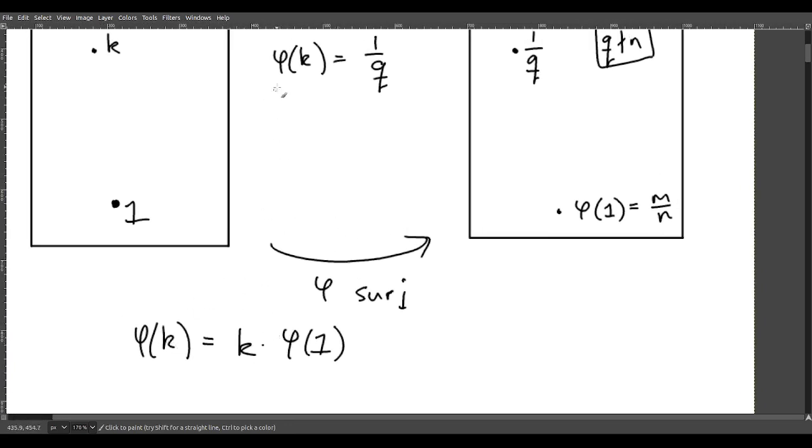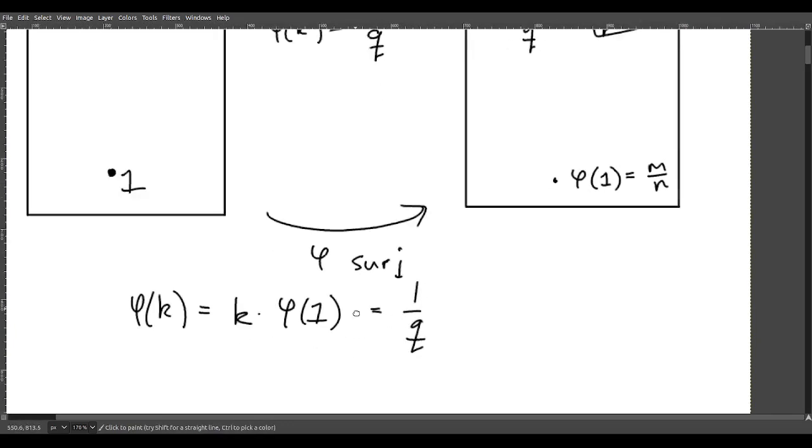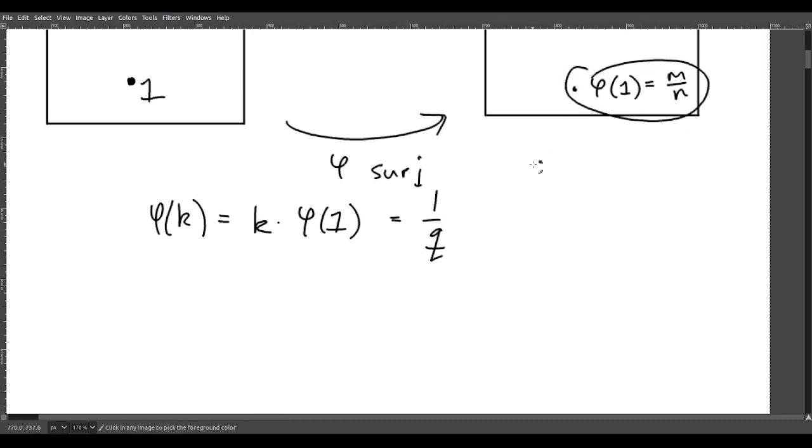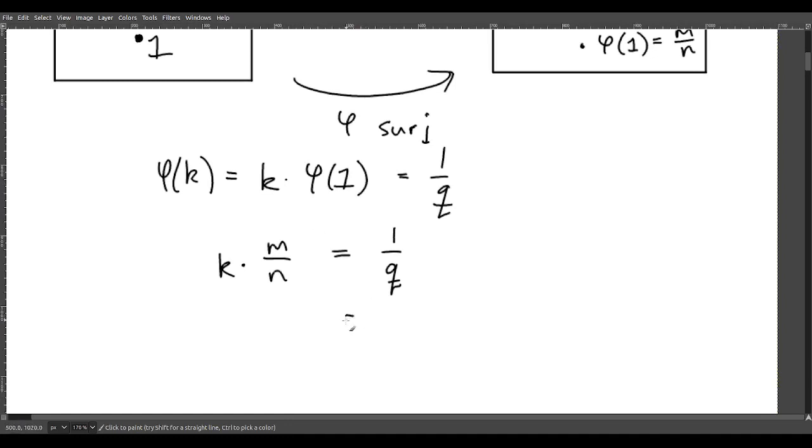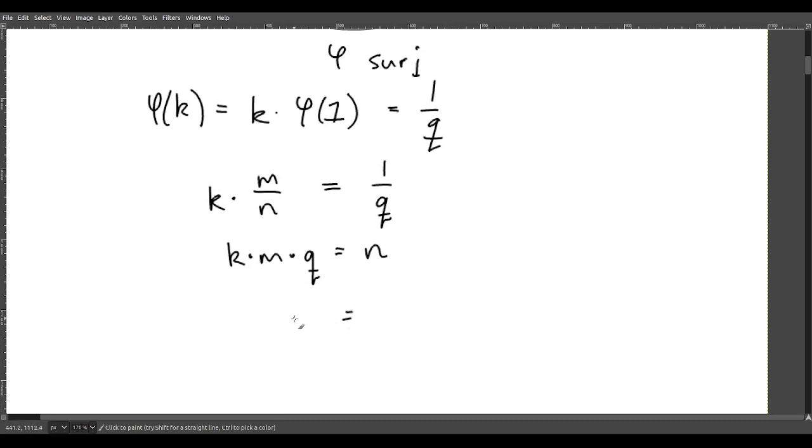So we've expressed 1 over q, which is phi of k, as k times phi of 1. Right, and we'll substitute this definition in. So here we have k times m over n is equal to 1 over q. Right? And if we multiply both sides by q and by n, what do we get? We get k times m times q is equal to n. Alright, and here's where you'll see the actual contradiction.